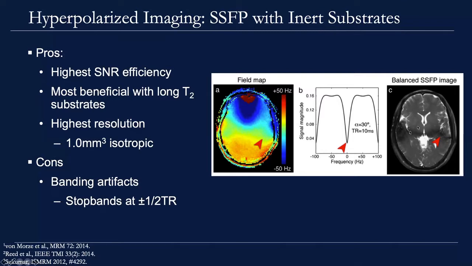So instead of having a nice uniform image, we have delta B0 or field inhomogeneities that cause a range of frequencies, even for a single metabolite or single compound. This can lead to signal modulation in your image. And so that's one of the downsides here, because of the reduced gradient strength, oftentimes we have to have relatively long TRs, 10, 12, 14 or so milliseconds, which, if not accounted for correctly, can lead to banding type artifacts.